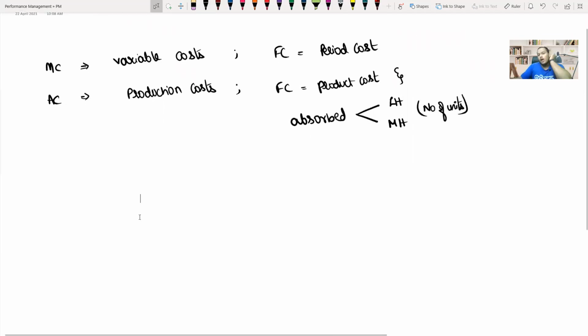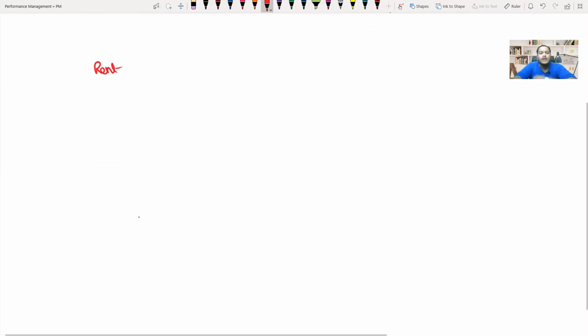But now let me ask you about some fixed costs. Rent, is it a fixed cost? Step fixed cost, sir, that's a different story. That's fine. If I am assuming that my activity levels are within the limits of the fixed cost, then rent is a fixed cost.